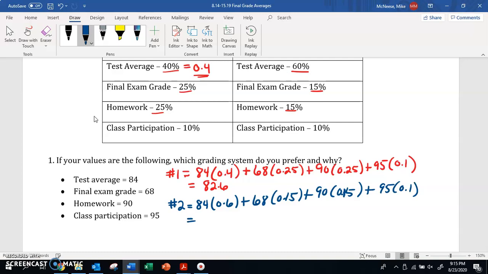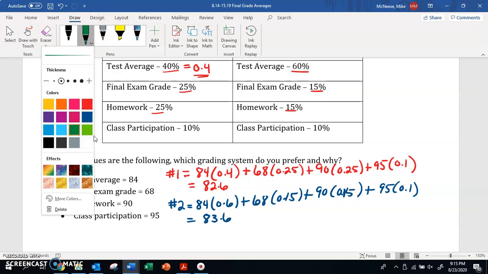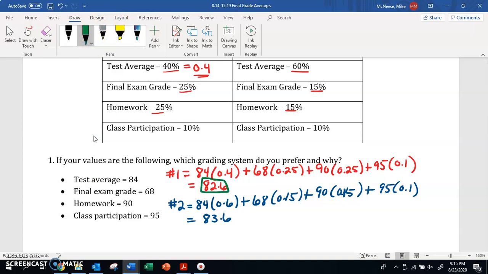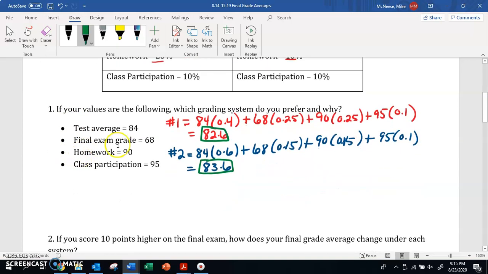And these come out to be 83.6. So based on these two systems, system number 1 is not as good as system number 2. Based on these scores, system number 2 is the one we want because our grade is higher.